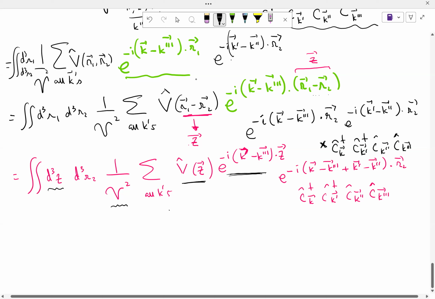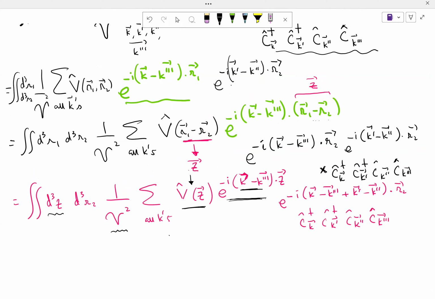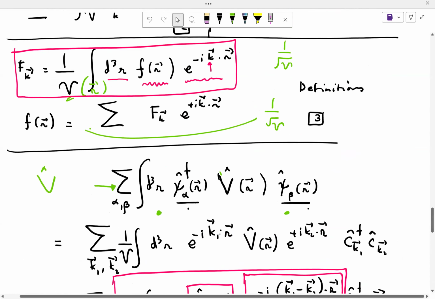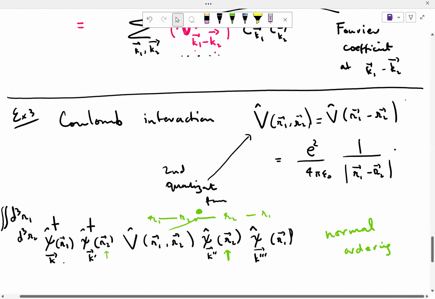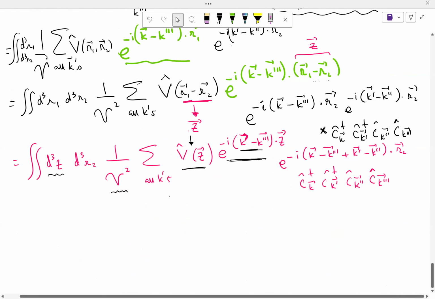So I'm really looking at the Fourier transform at this location of this potential, correct? I'm just invoking this definition of the Fourier transform again. So now I have a function of z here, here I have a function of z, and I'm integrating over z, and I'm just employing one of these volumes over here.